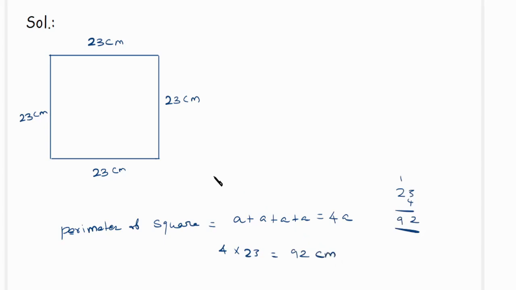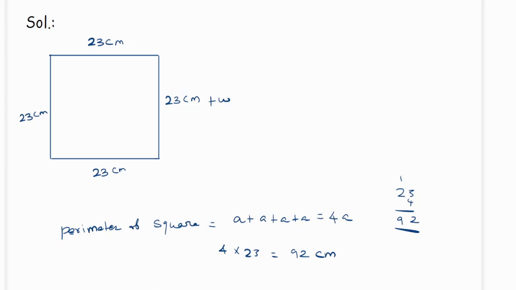So that's for the square. Now the second condition is, if we are going to increase the side by W centimeter, that means each and every side has to increase by W centimeter.